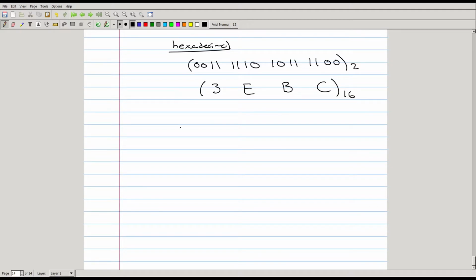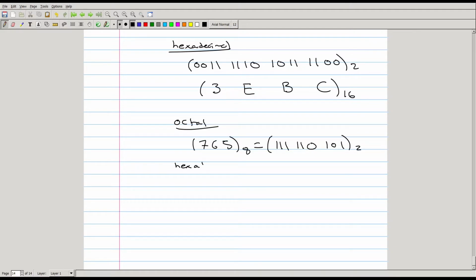You can even do this trick in the reverse direction. So if you have 765 base 8, this is going to be the same thing base 2 as 111 110 101.